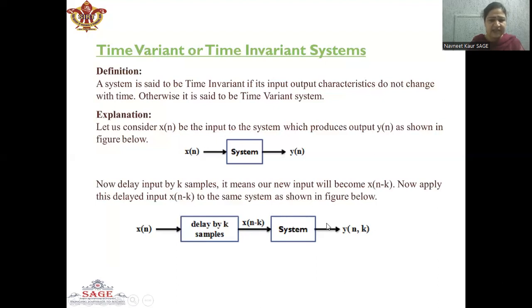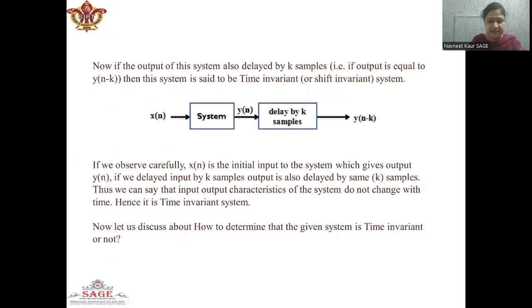Then in that case, the output should not change. It should be only delayed by the same amount k. That means the characteristics of the system does not change with time. If there is a shift in the input, then there will be shift in the output. Then in that case, the system is known as time invariant system.